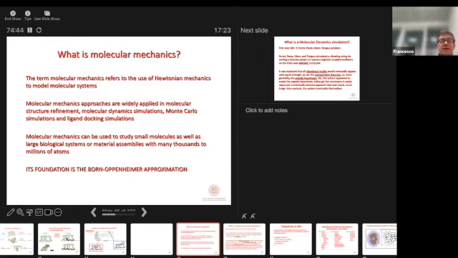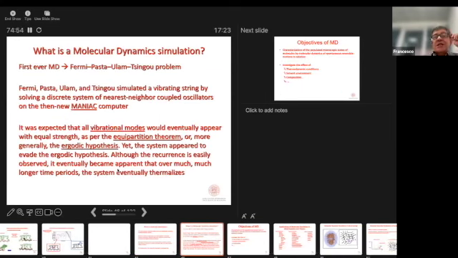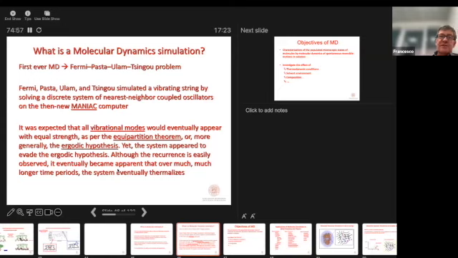But regardless of the thing that I just mentioned, there is a theoretical foundation for molecular mechanics, and it's interesting historically to discuss the very first molecular dynamics simulation. I'll stop when you tell me, okay?